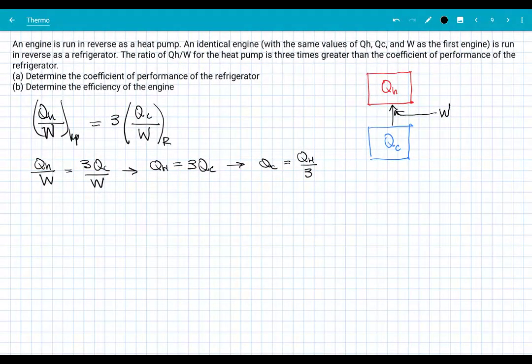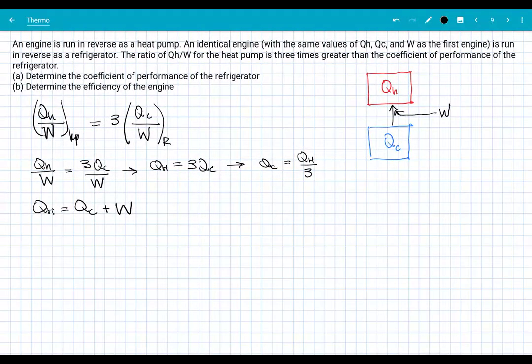Okay, so by conservation of energy or first law, however you want to think about that, QH is equal to QC plus the work put in. And you can also see that in the diagram, right? If you look at these arrows here, what's flowing into QH here? Well, work's flowing in and QC is flowing in. So you can write your equation based on that.